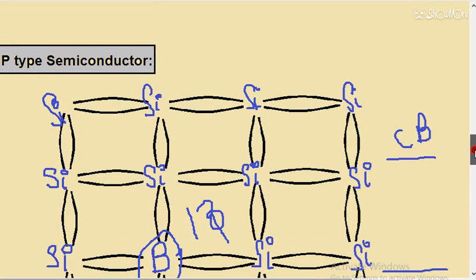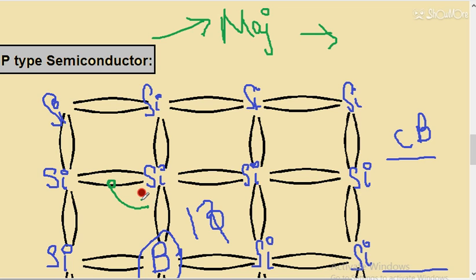So in the p type semiconductor the majority carriers are holes. Students, what was happening here? The electron from the silicon pair was moving to boron to make the bond, and that place gets empty, becomes positively charged, and that is called a hole.